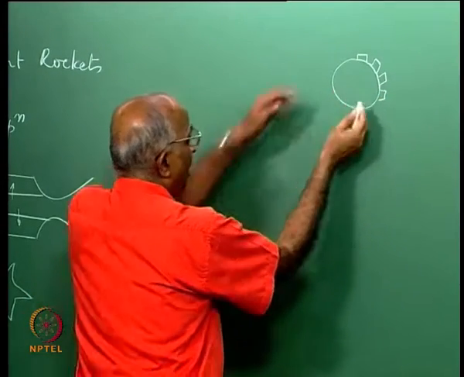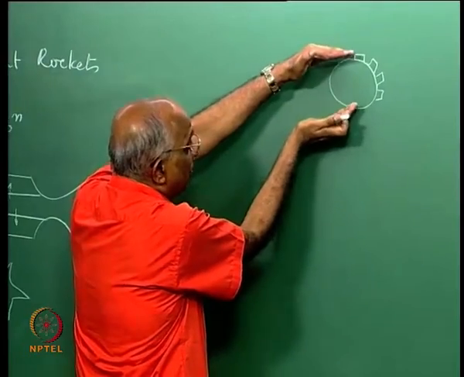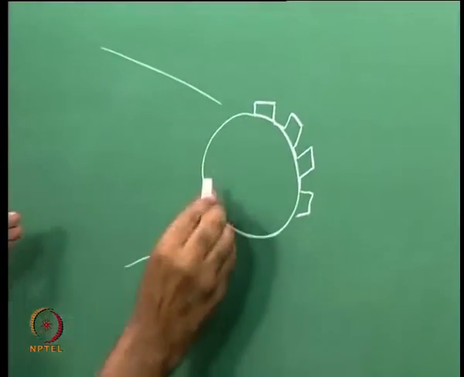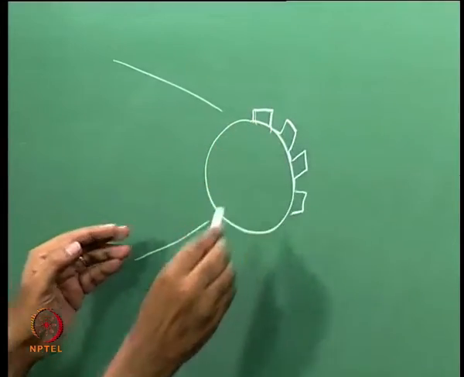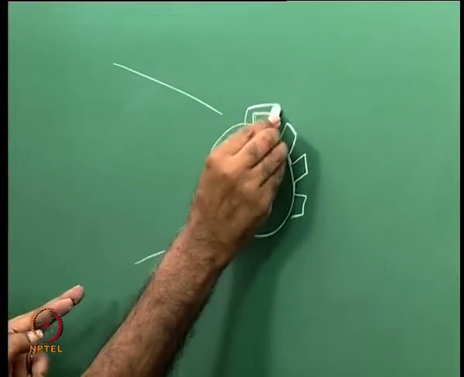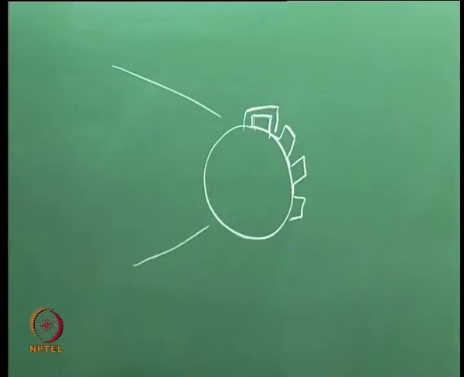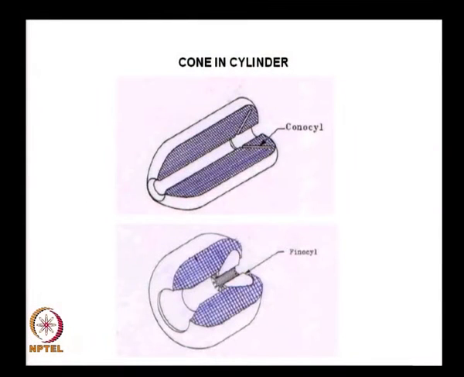Therefore, in addition to having a cone on which this is situated, and then I have something like a cone over here coming to a cylindrical portion on which I have ribs. Therefore, here also burning could evolve like this. I am trying to maximize the perimeter and the burning surface area, and when I have a fin in a cone and a cylinder arrangement, this is known as finocyl, that is, I have fin in the cylindrical portion.